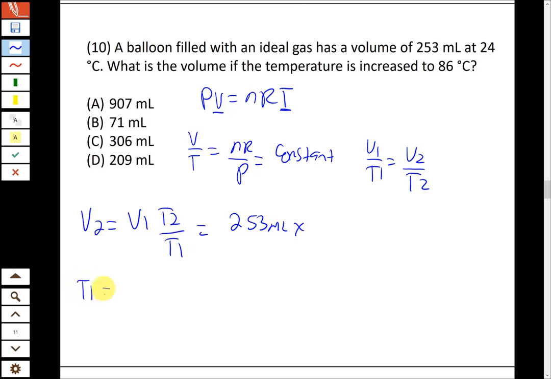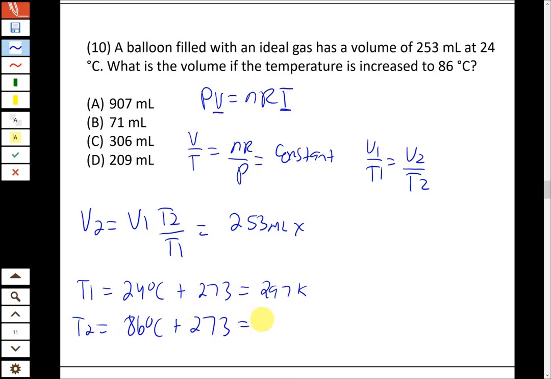So T1, the initial temperature is 24 degrees Celsius. We're going to add 273 to get it to Kelvin, so that's 297. T2 is 86 degrees Celsius. Also have to add 273 to get it to Kelvin, so that comes out to 359.